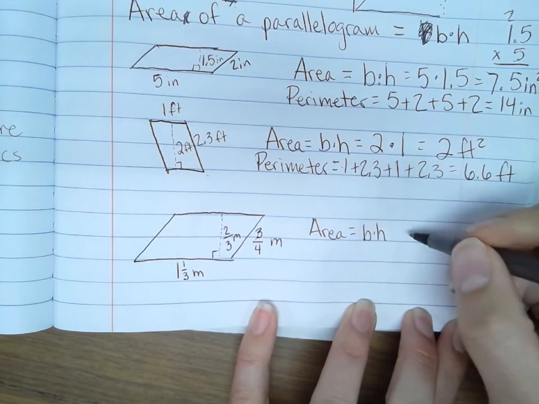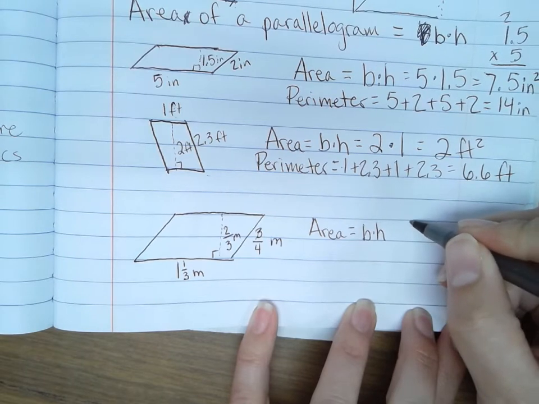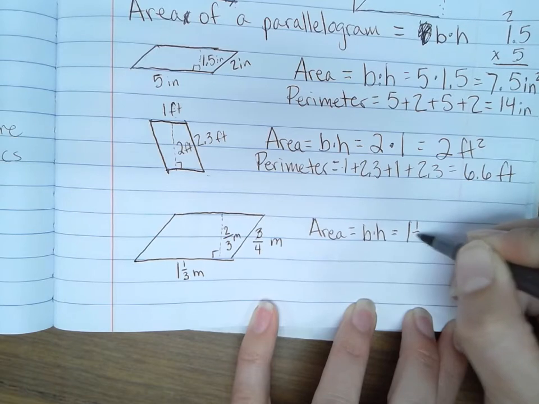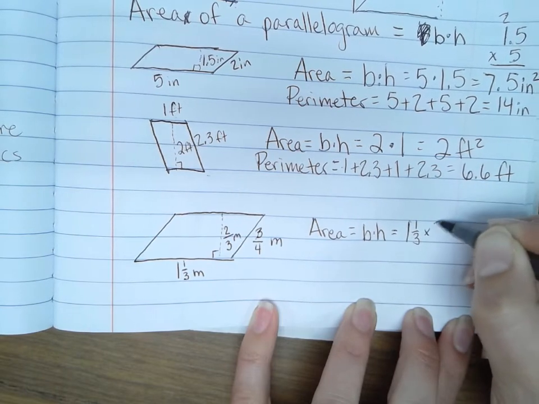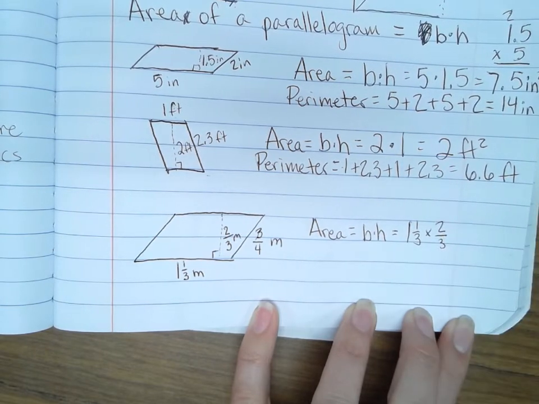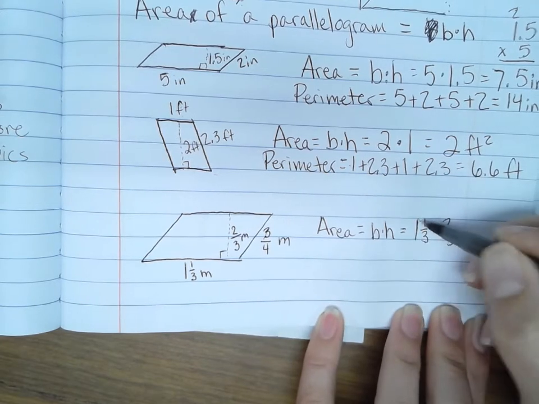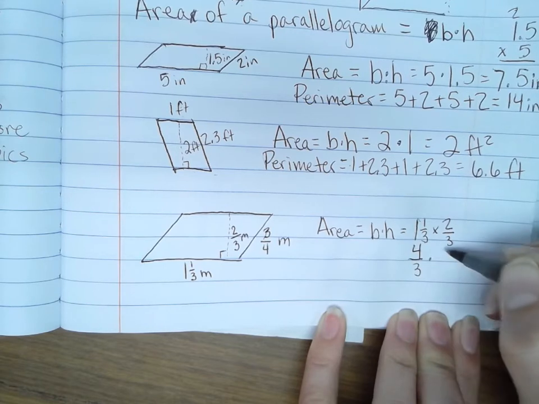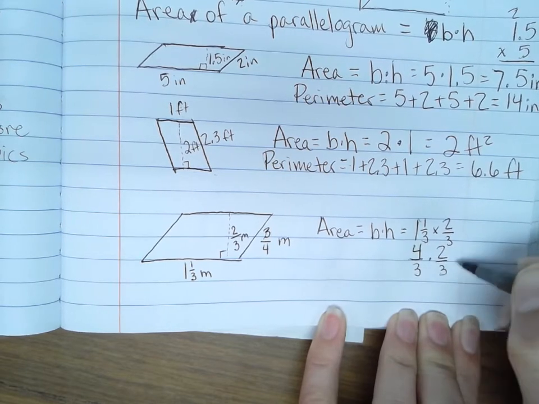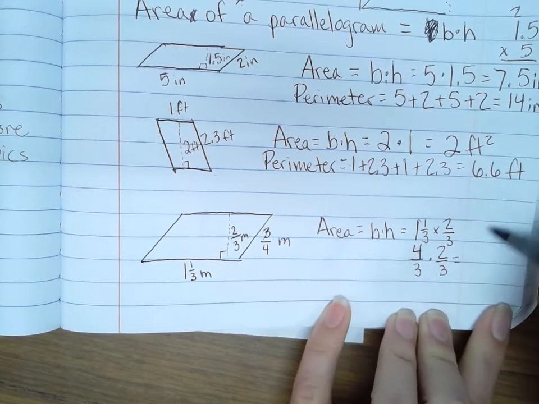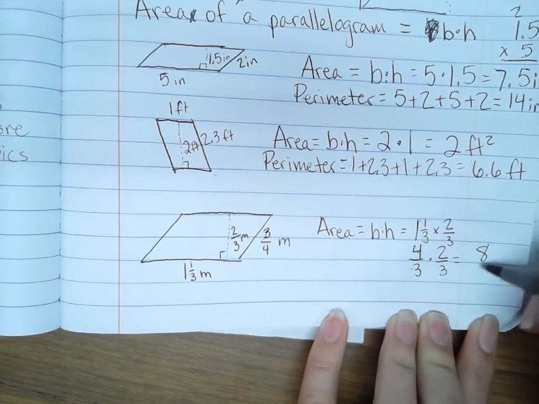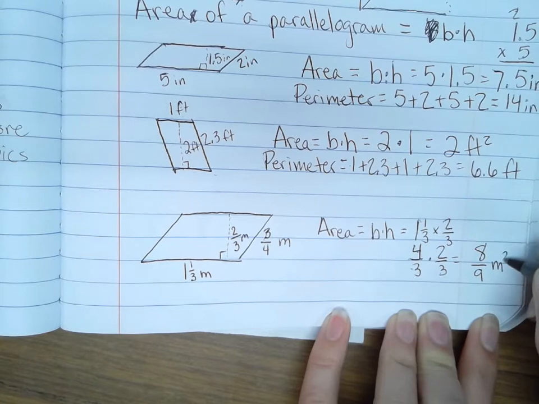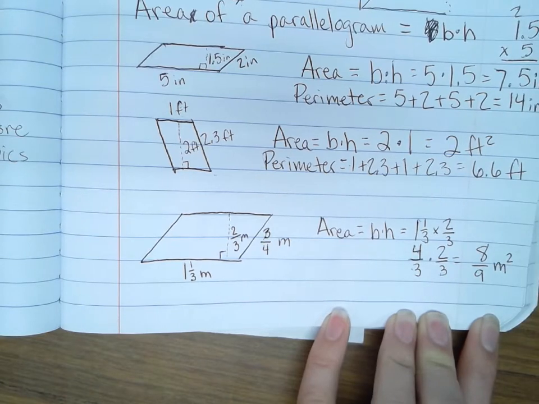So I'm going to take the two that make a right angle, which would be 1 1/3 times 2/3. Okay, in this case, let's make this improper. So this would be 4/3 times 2/3. Times across the top, I get 8. Times across the bottom, I get 9. So this would be 8/9 of a square meter. That would be the area.